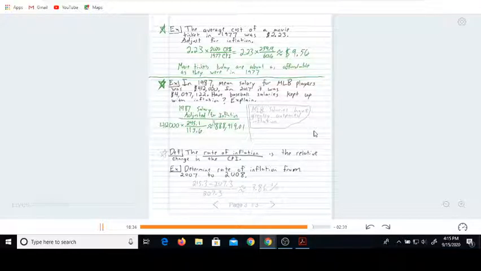$888,919. So even when you adjust for inflation, those late 80s ball players were getting paid less than $1 million on average. Today they're getting paid well over $4 million on average. So you can see here that MLB salaries have greatly outpaced inflation.